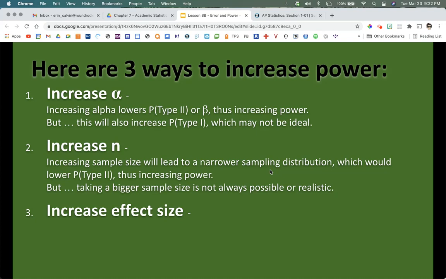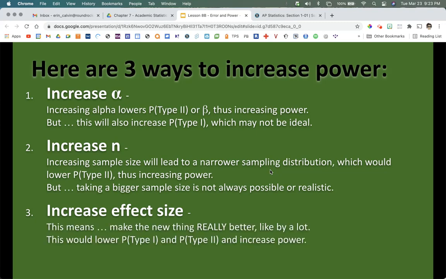So if what is actually true is really far away from our null hypothesis number, then we have a really big effect size. If what is true is really close to our null hypothesis number, then we have a really small effect size. So in effect, with this third one we're really just saying, make our alternate hypothesis really, truly better, by a lot.